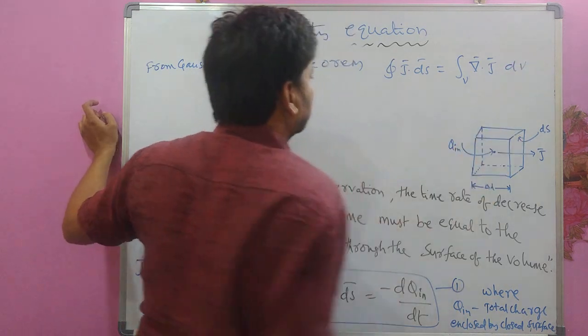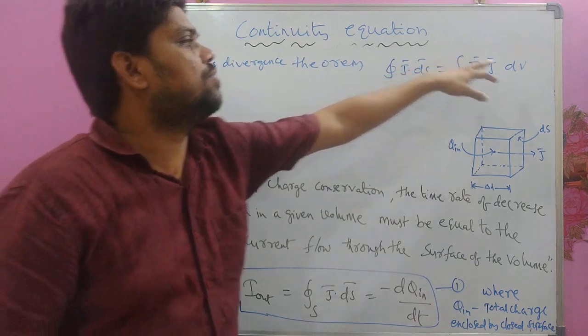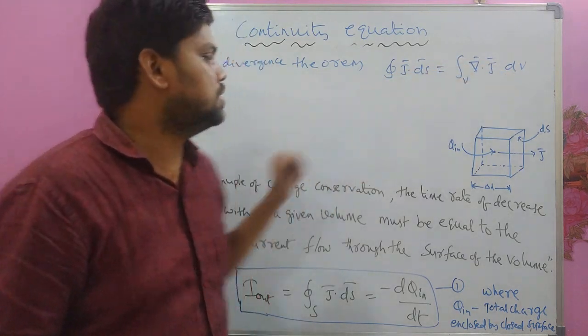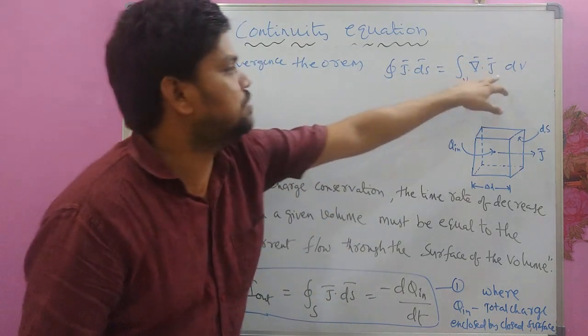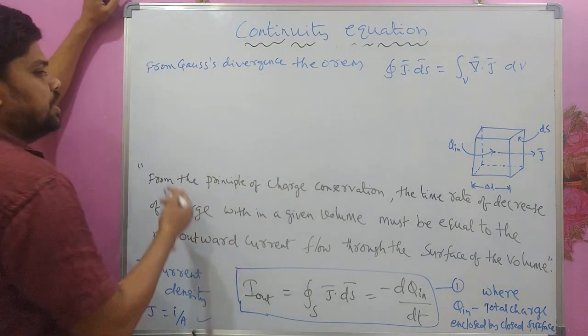I can write this. Gauss divergence theorem basically connects surface integral and volume integral. So this can be replaced with this.